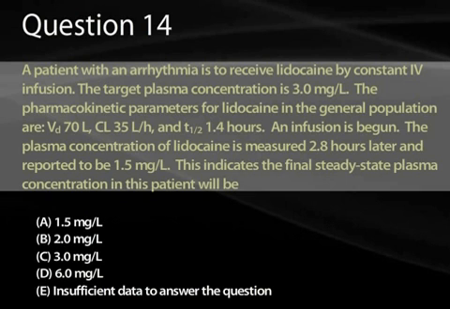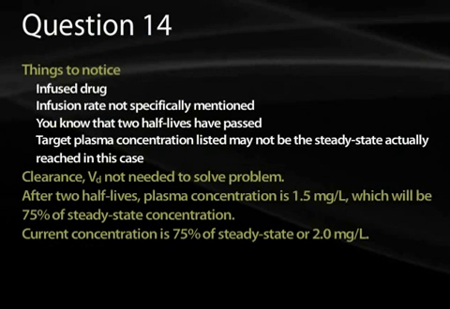This is sort of a tricky question, and it's meant to test your ability to remember that after 2 half-lives, it's generally understood that the current concentration would be 75% of the steady state. If after 2 half-lives, which 2.8 hours is, you are at 1.5 milligrams per liter, that is 75% of your steady state concentration.